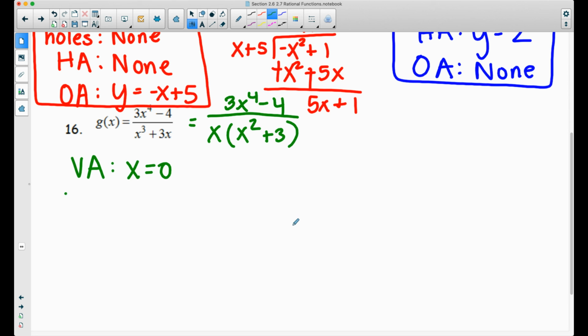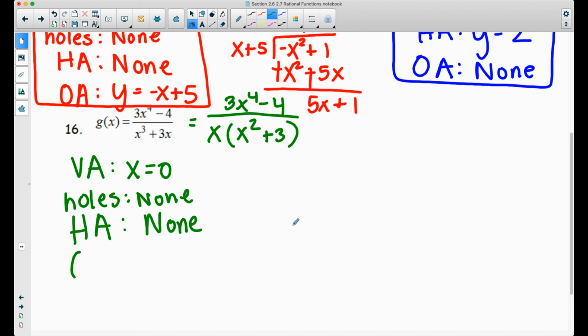We didn't cross anything out, so the holes, we have none. Who has the highest degree? Top. No way, top can't win. And they are 1 degree apart, so we have to check for an oblique asymptote.